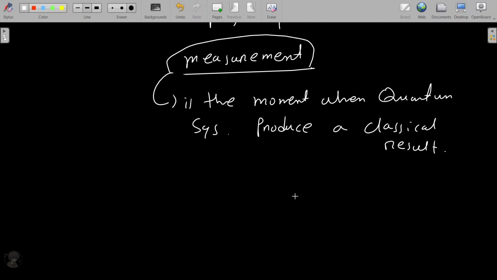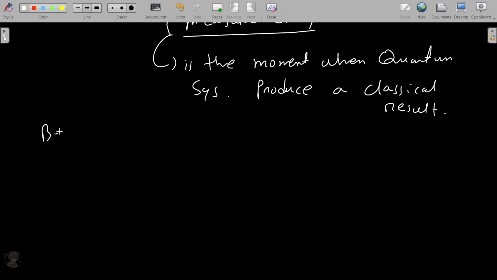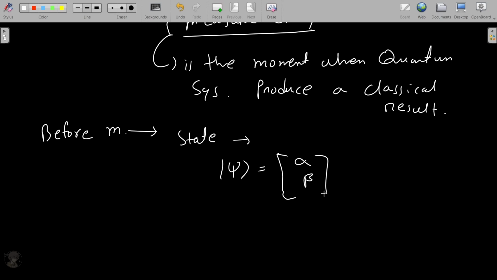So before measurement, the state is ket psi equals alpha, beta. After measurement, the state becomes either ket 0 or ket 1.